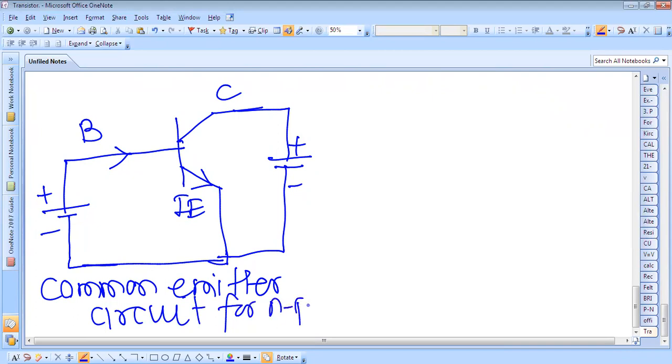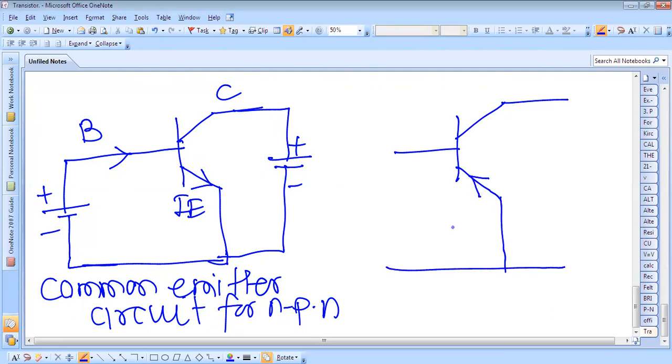for an NPN transistor. And now we'll draw the same common emitter circuit for a PNP transistor. PNP means it is like this. This is the emitter and this is the collector.